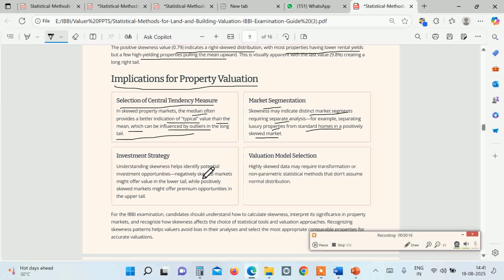Investment strategies: understanding skewness helps identify potential investment opportunities. Negatively skewed markets might offer value in the lower tail, while positively skewed markets might offer premium opportunities in the upper tail. Skewness also helps in the selection of the valuation model, since highly skewed data may require transformation or non-parametric statistical methods that do not assume normal distribution.